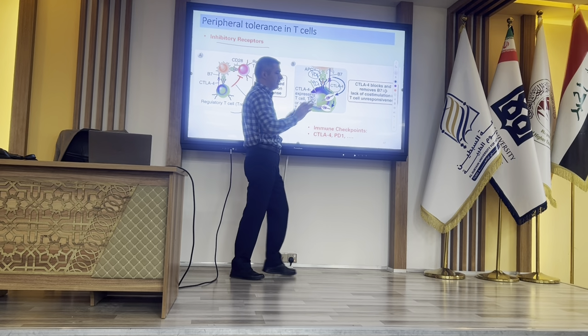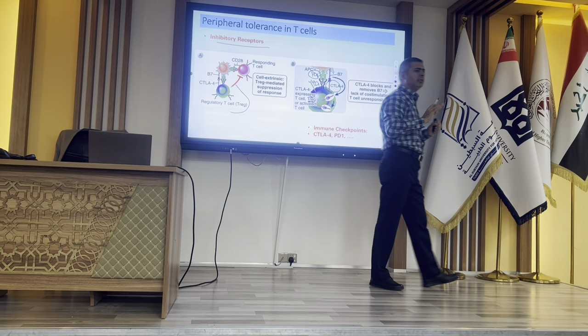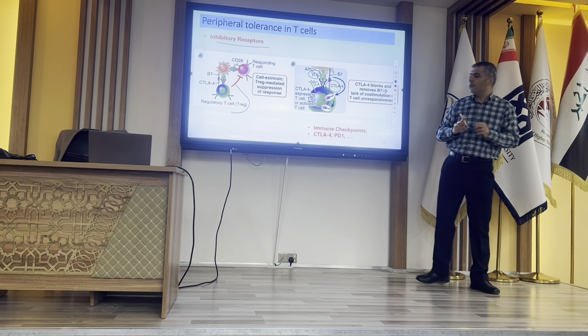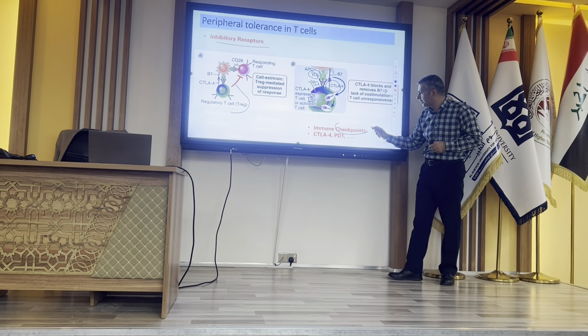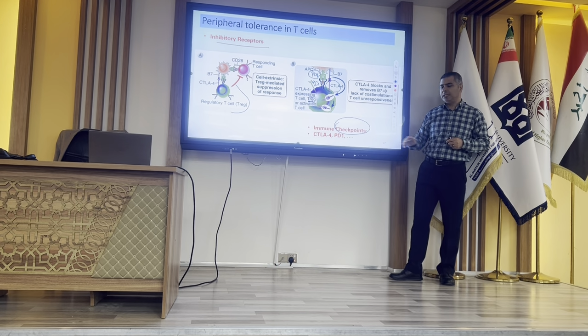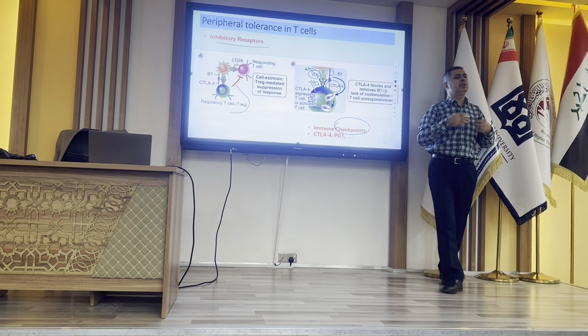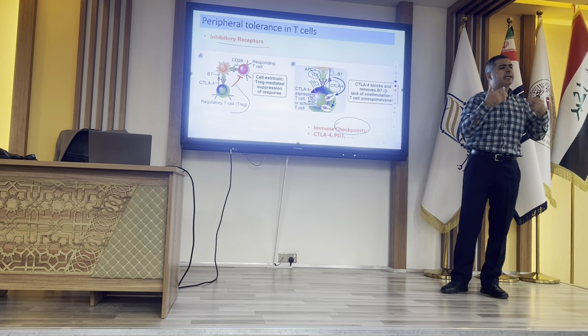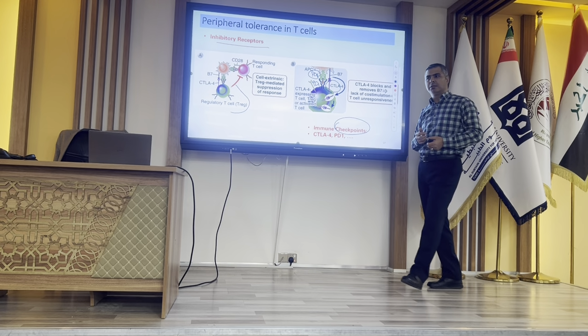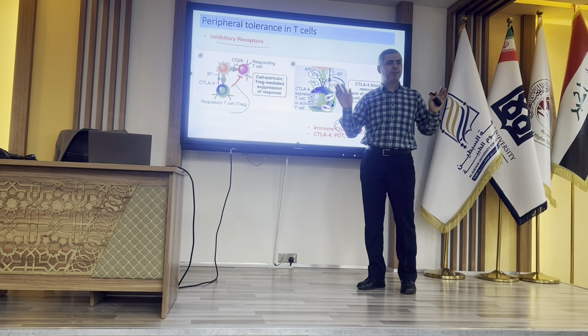They are inhibitory receptors. I'm not going to the details, but just knowing that we have inhibitory receptors, that's why they are called immune checkpoints. Inhibitory receptors are called immune checkpoints. They prevent the activation of immune response against self-antigens. Okay?